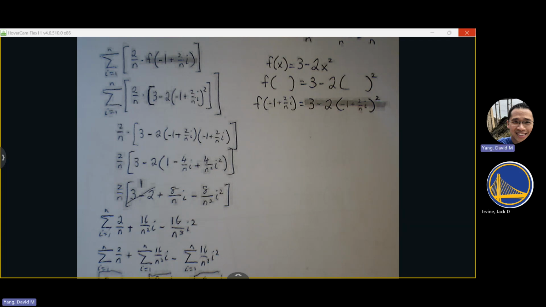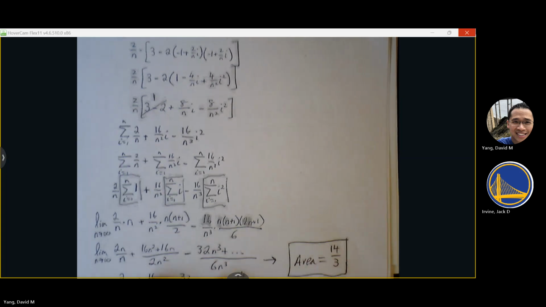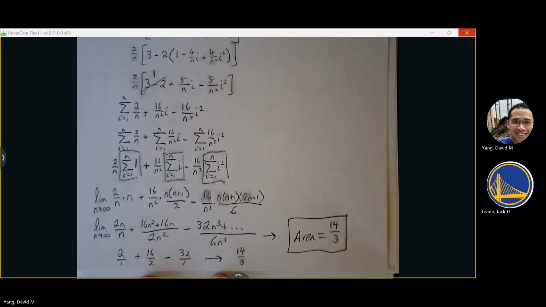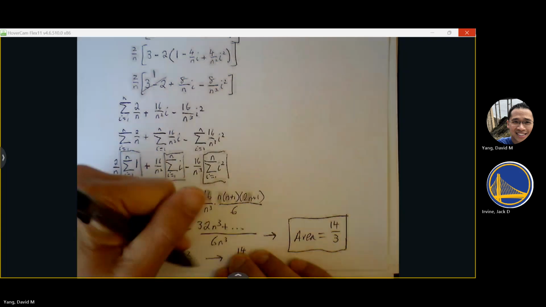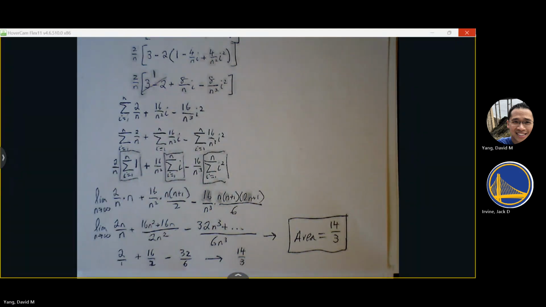Once your bracket is cleaned up, distribute your 2 over n through. Start using your summation rules to separate your summation of 1, summation of i, and summation of i squared. Okay, pull all your highest degree leading coefficients out.